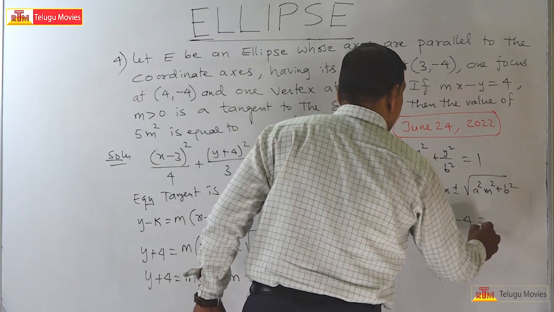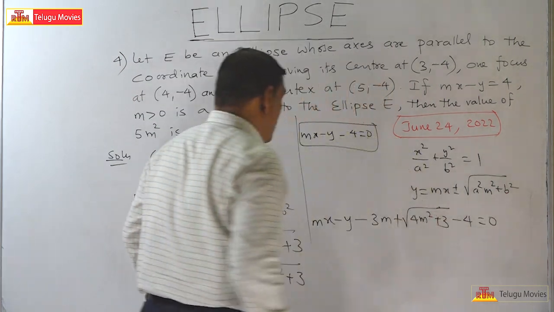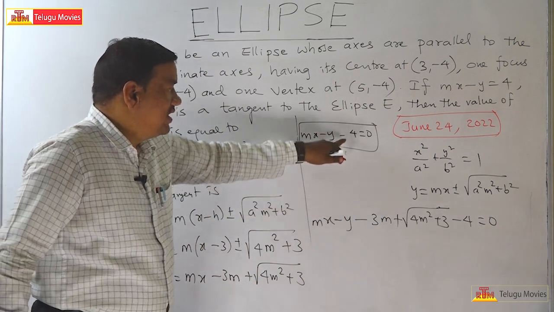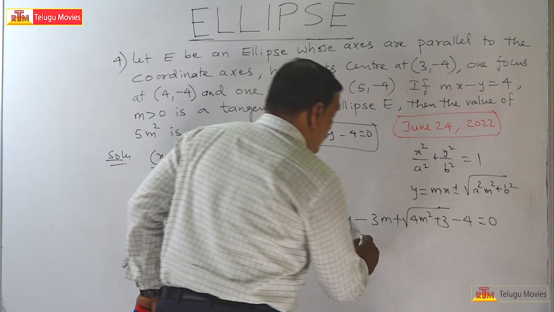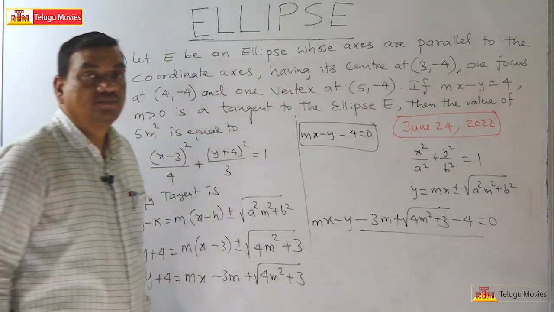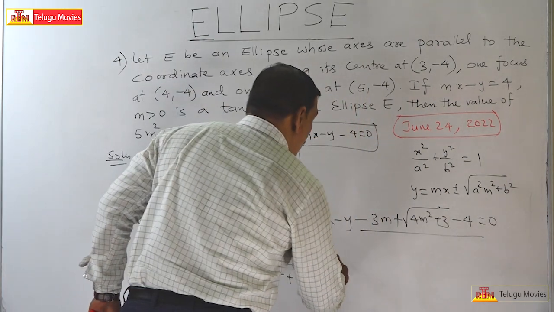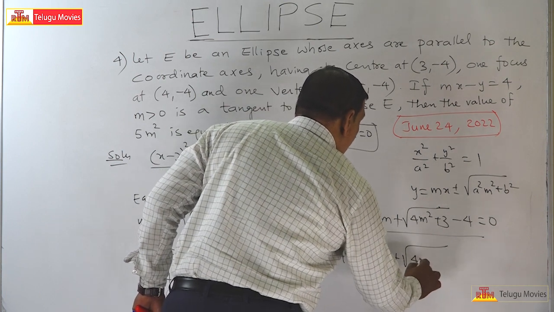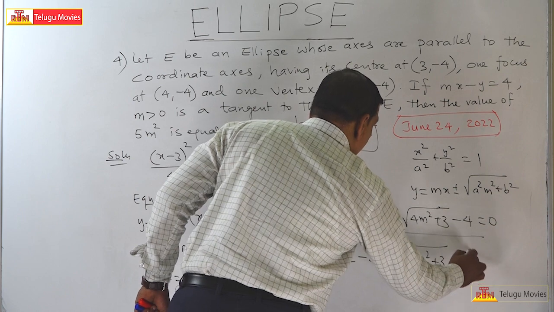So this is mx minus y, this is also mx minus y. In place of minus 4, this quantity is there: minus 4 is equal to minus 3m plus root of 4m square plus 3 minus 4.